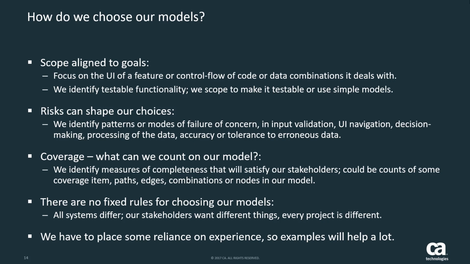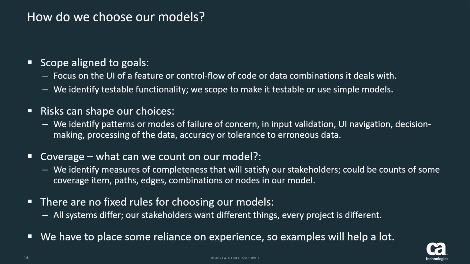We can count decisions on their own. And each one is a measurable way of defining a comprehensiveness of our model, but also of our testing. So the coverage is critical to our understanding of what a model does for us.